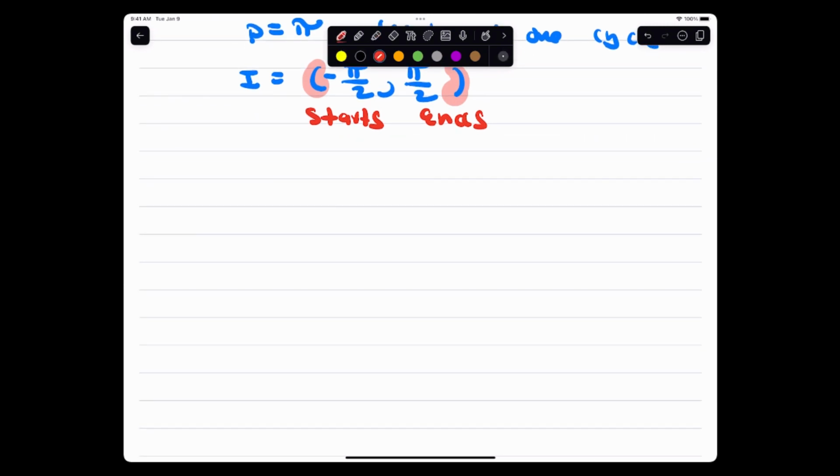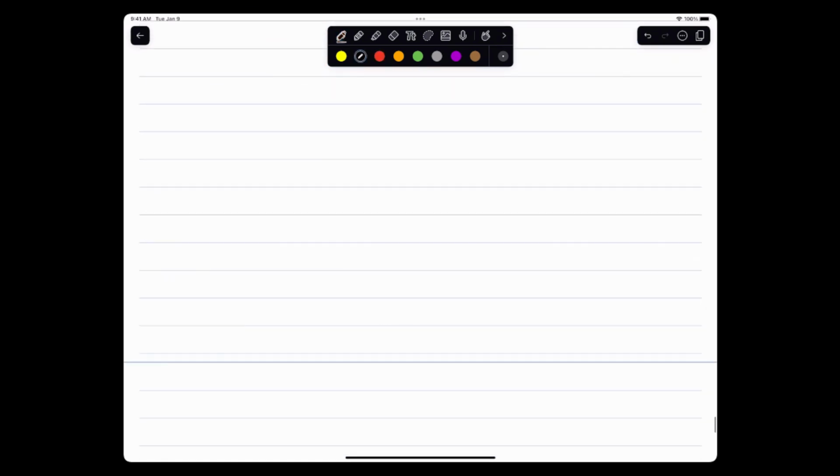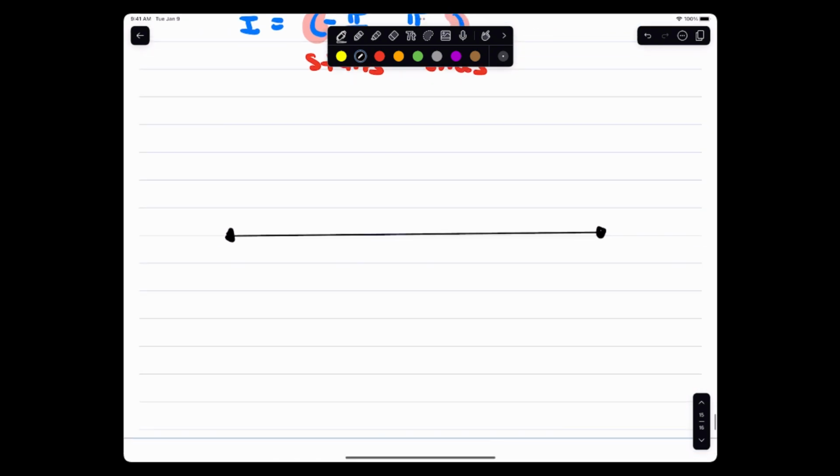I want you guys to note something that's important here. I'm going to kind of graph this, and I'm going to talk about that detail. I'm going to sketch your tangent curve. It looks and behaves in this sort of way.